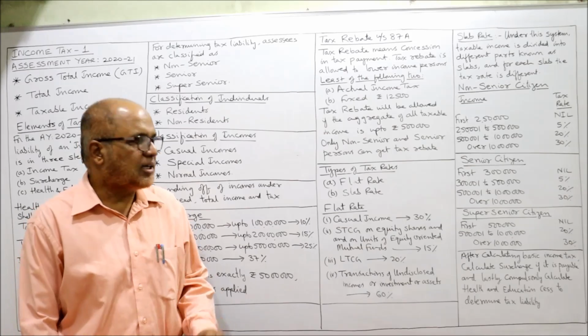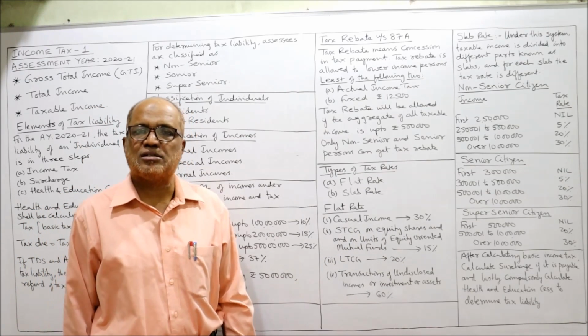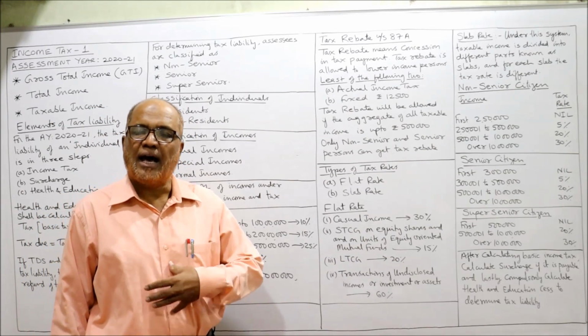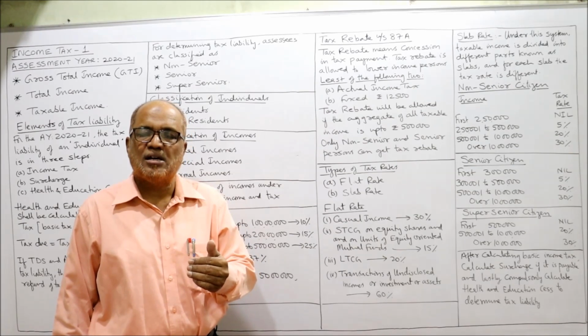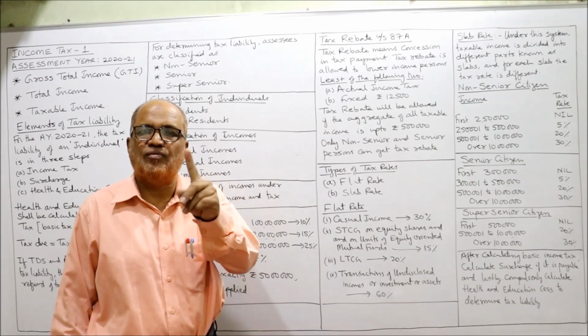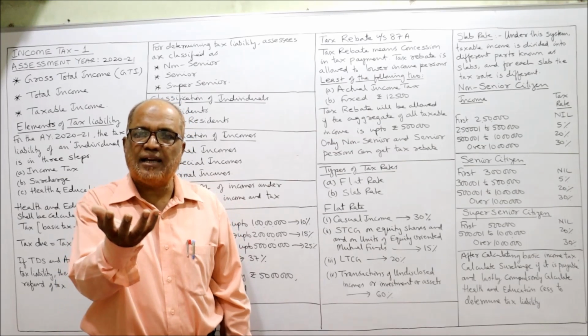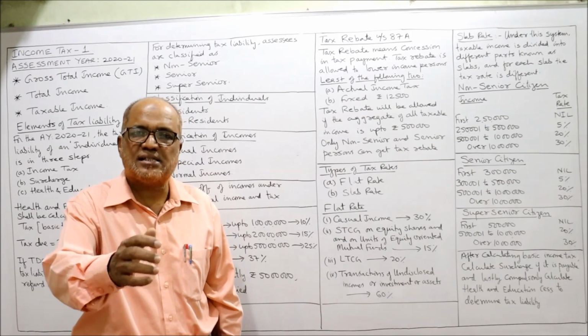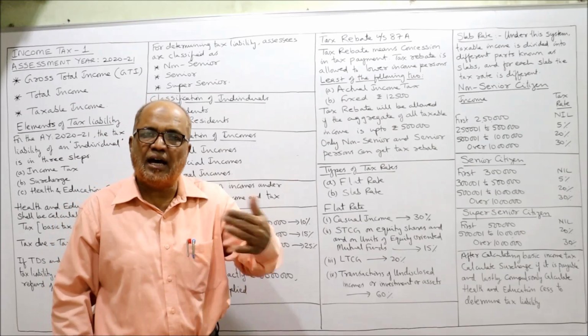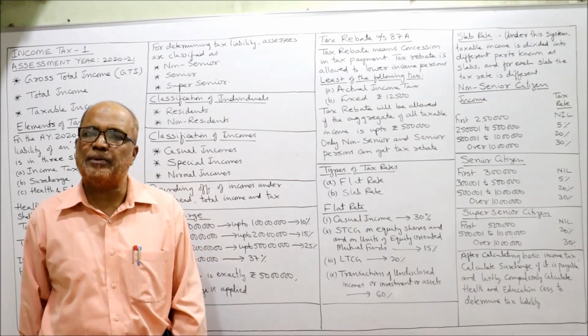Then STCG, short-term capital gain. Remember, short-term capital gain on equity shares. If a person has purchased equity shares and sold equity shares within 1 year, if shares are bought and sold within one year, the gain arising will be short-term capital gain.